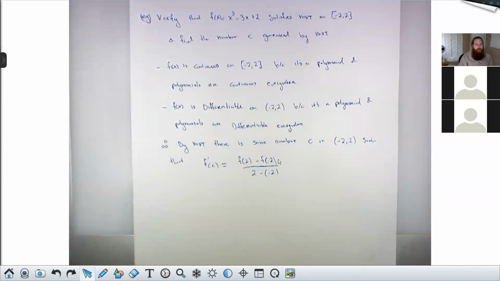And to find that number C, I need to calculate this, calculate f primed, and set them equal to each other, and then solve.